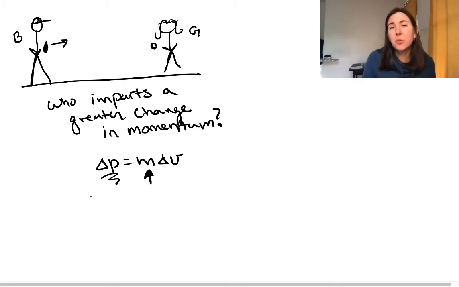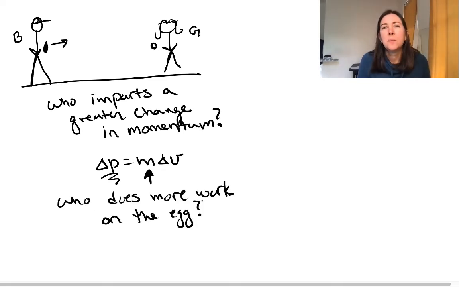Okay, the next question takes us back to the previous unit. Who does more work on the egg? So when you're thinking about this, I know you probably went to work is force times distance. Do you know who imparts a greater force? Yeah, we haven't talked about who does that either.